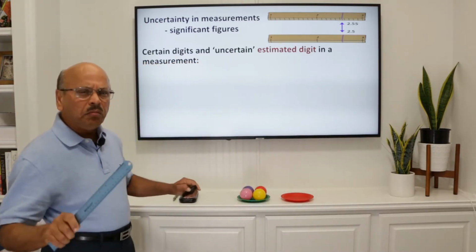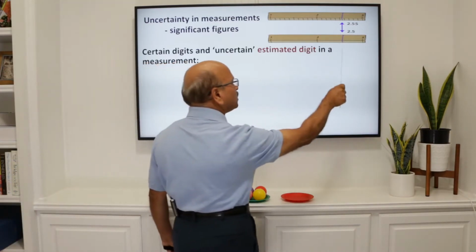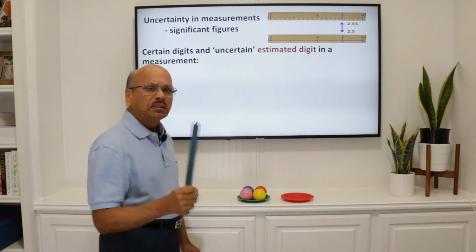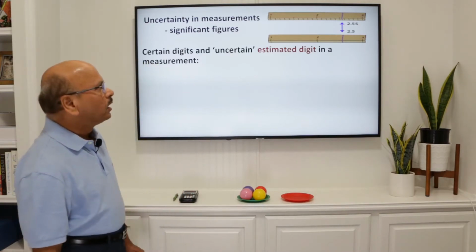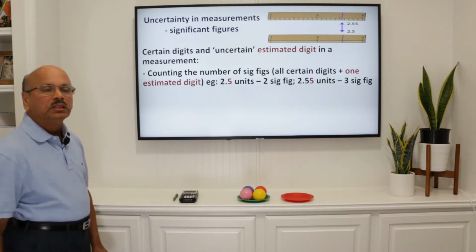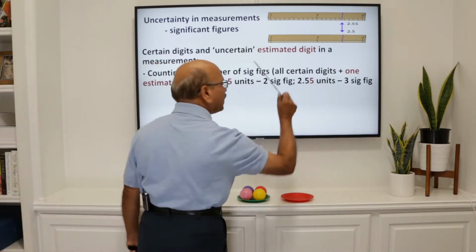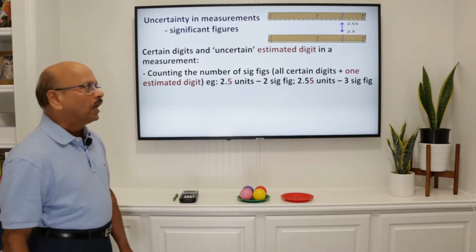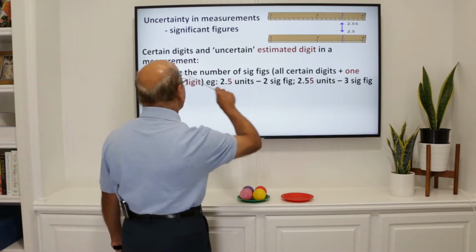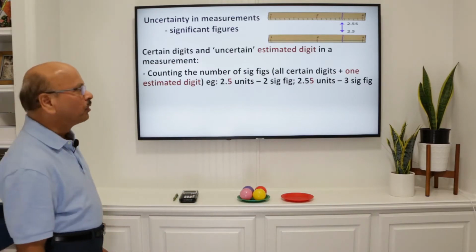So in any measurement, we have certain digits, and the last digit is always going to have some uncertainty. When you count the number of significant figures in any measurement, the rule is you count all the certain digits in the measurement and also the one estimated digit, and that together gives you the number of significant figures.